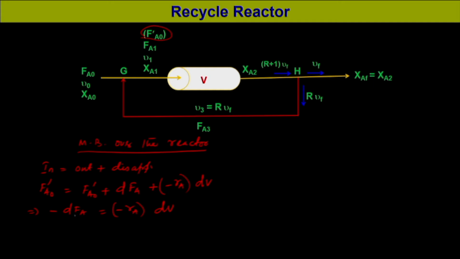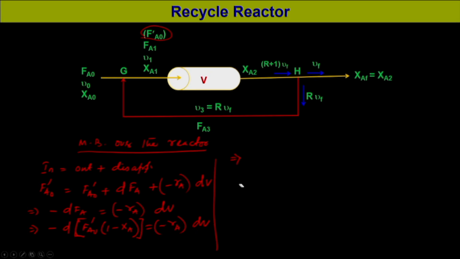Now, in terms of conversion, this would be minus dFa1, we can write Fa naught dash into 1 minus Xa, which is equal to minus Ra into dV.